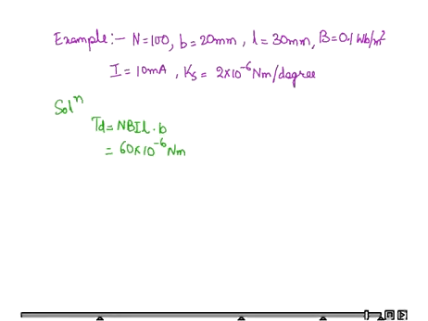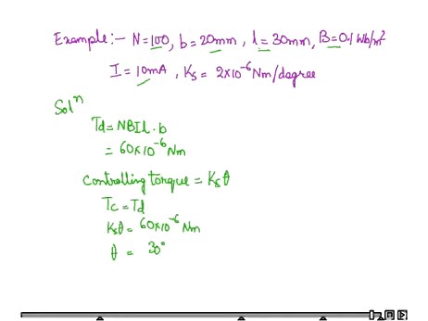So putting the values here, N is given, capital B is given, I is given, L is given, and small b is given. So putting the values, I get this. We know that controlling torque and the deflecting torque are the same. Controlling torque is given by Ks theta. So Ks, the spring constant, is given, theta is the angle of deflection. So we can calculate theta by using this, and theta comes out to be 30 degree.